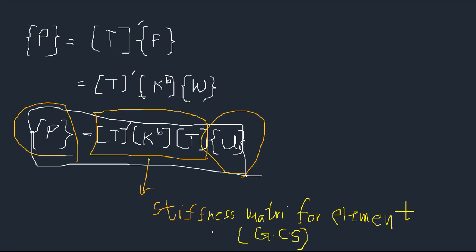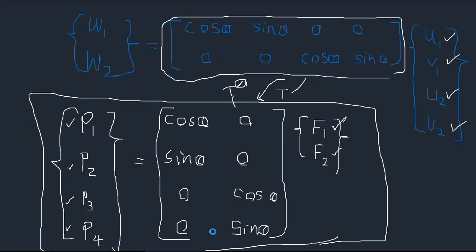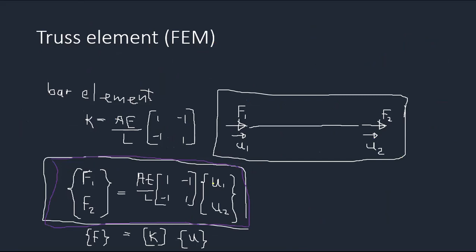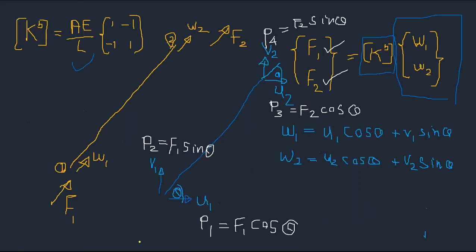But in a truss, the bar element is the fundamental element, but bar elements are connected to each other at nodes at several angles. So in that case, this longitudinal matrix is not going to work anymore. You can't assemble like this because it has some angle.